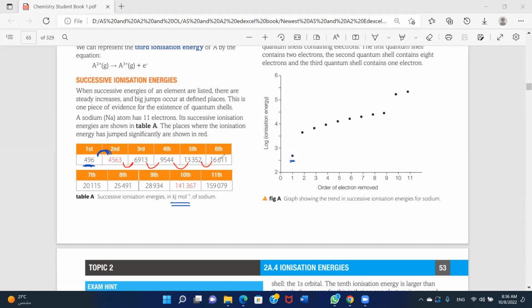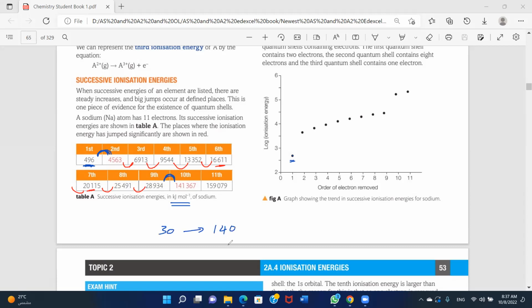Here between the 5th and the 6th, the difference is about 3,000. It's not a jump. If we compare between the 6th and the 7th, it is about 4,000, not considered. 5,000, not considered. 3,000, not considered a jump. But now look here between the 9th and the 10th. Here we have 28,000, maybe you can even approximate it to 30,000, and then it jumped to 140,000, from 30 to 140.